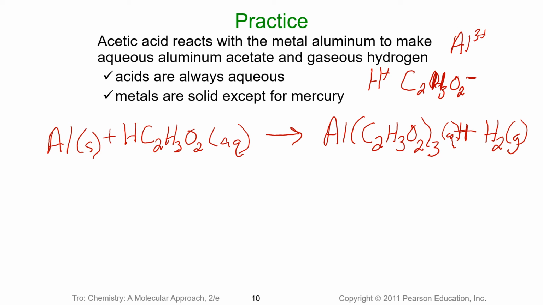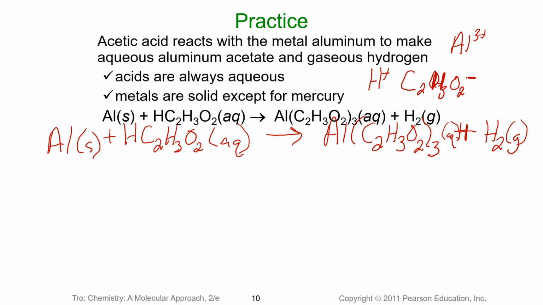In this case, we're going to balance our reaction. We're going to start with the most complicated part, so the most complicated part is our aluminum acetate. We're going to balance that acetate, the C2H3O2, as one group.